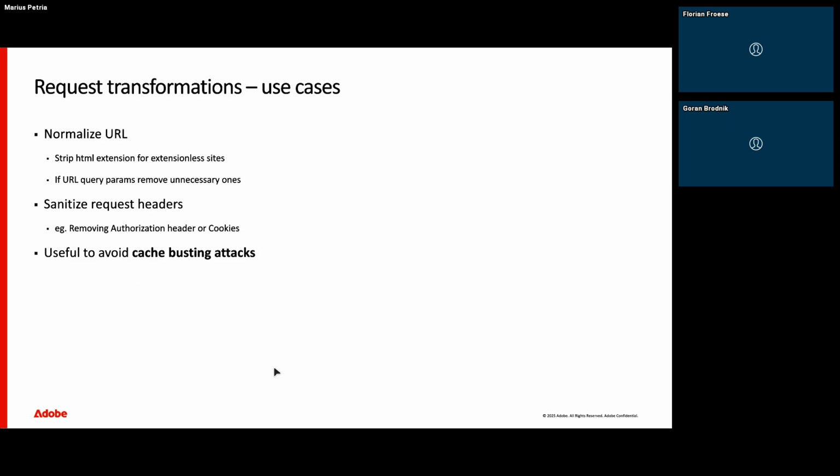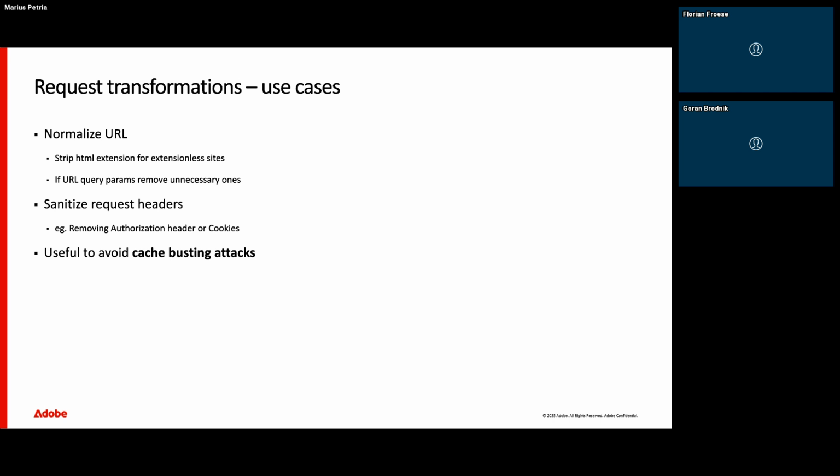Okay, so next I will go just through a couple of these phases. The first one that is executed is the request transformation. Request transformations are very useful to normalize your URLs and to sanitize the request. What does it mean to normalize the URL?